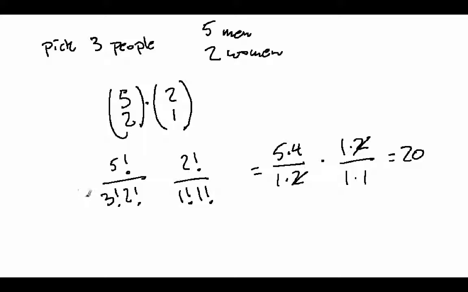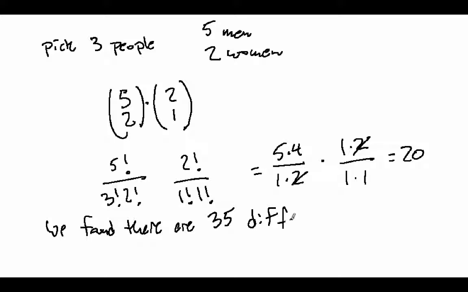Now recall before we found there are 35 different ways to pick a committee of 3.